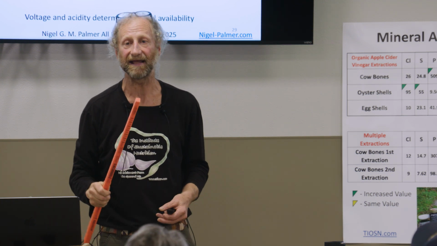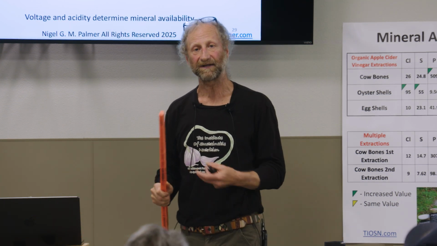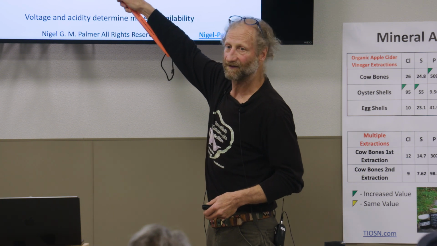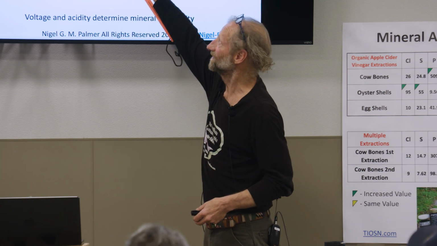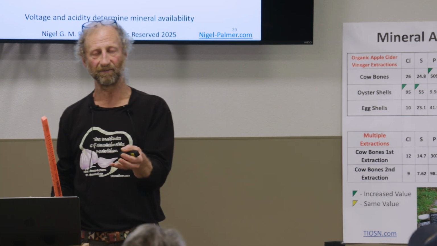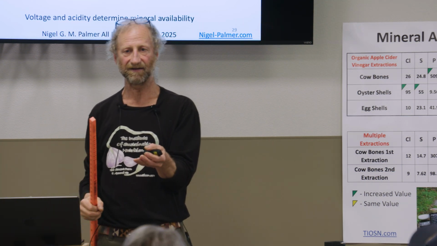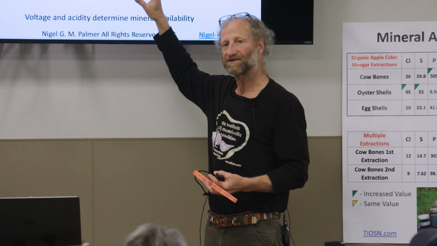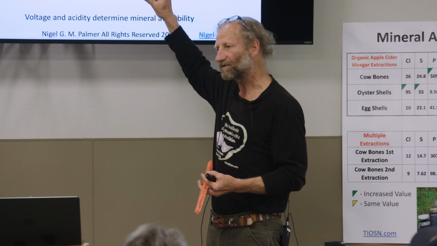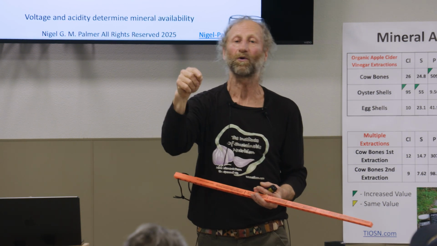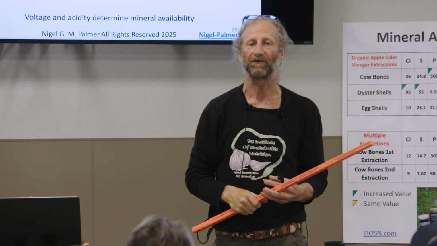The plant can't get it. And the only way for the plant to get that manganese is by exerting energy to move the voltage and the acidity down in this range to make that availability of manganese possible. And so we can again use this chart as a way to measure or quantify the amount of energy that the plant has to use in order to make those minerals available.